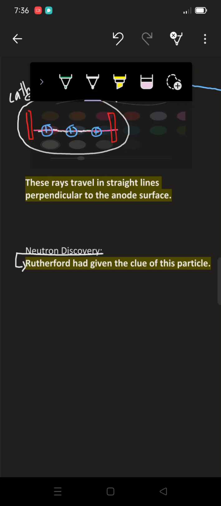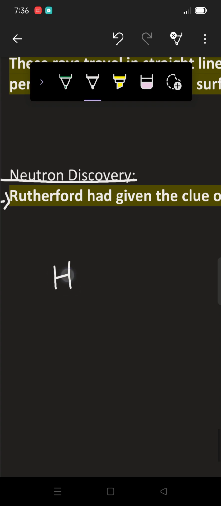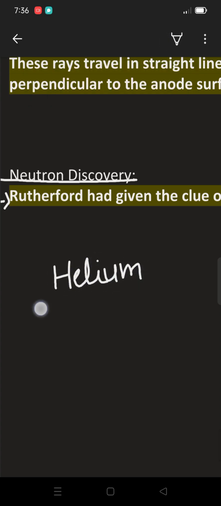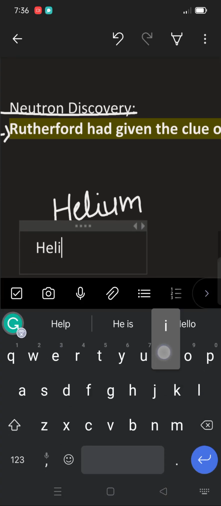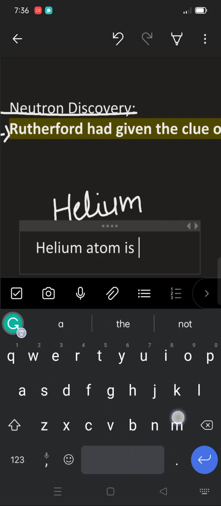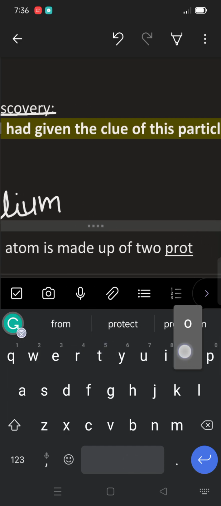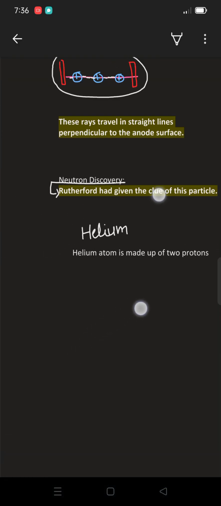So for example, we know that helium is made up of two protons, right? Here I have helium, and we know that the helium atom is made up of two protons, right? Two positive charges.